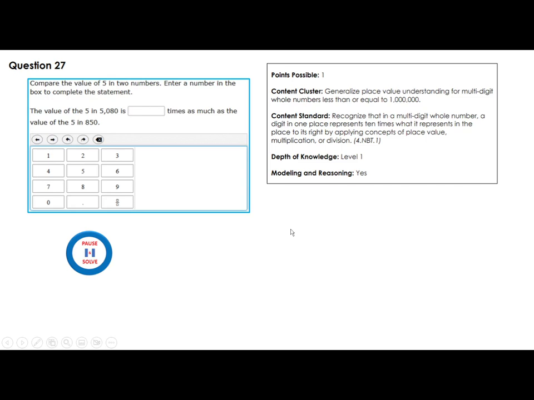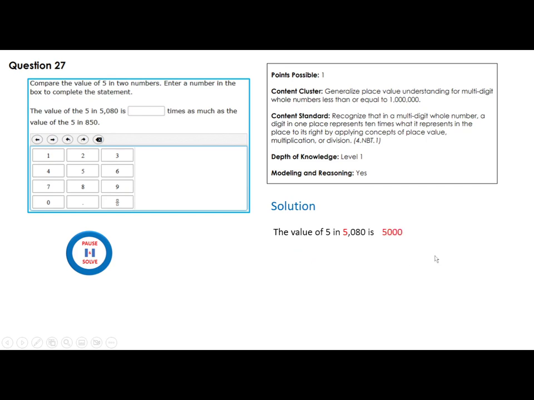Compare the value of 5 in two numbers. Each enter a number in the box to complete the statement. The value of the 5 in 5080 is how many times as much as the value of the 5 in this number. So first of all, let's put this number here and see what is the value of 5 in this number.